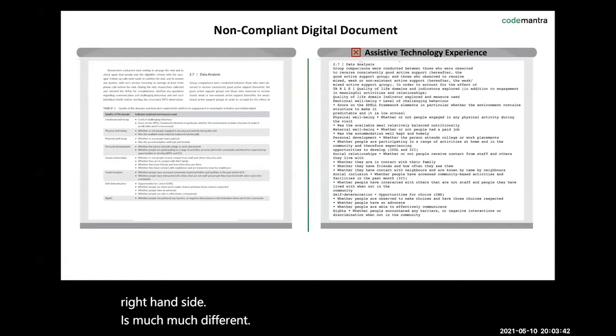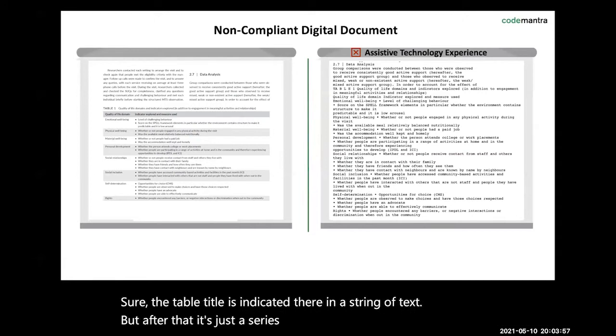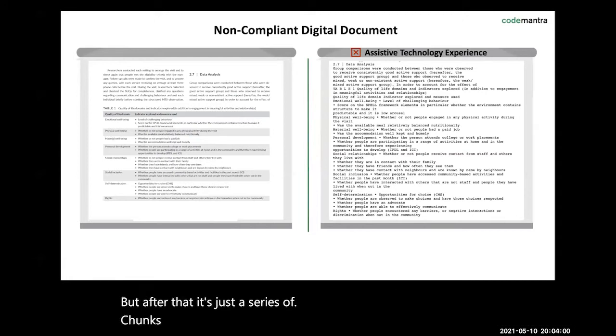There's no sense of or indication that there is a table within this content. Sure, the table title is indicated there in a string of text, but after that, it's just a series of chunks of content, not structured as a table.